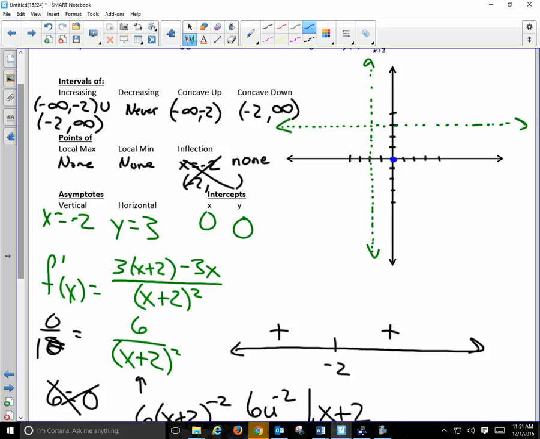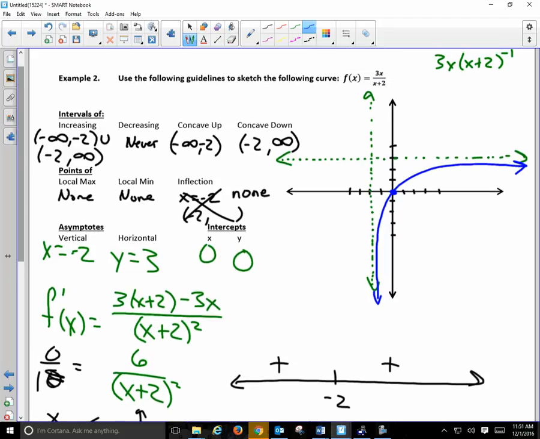I have x and y intercept at the origin. So I know it goes through there. And if it's always increasing, is it going to be over on this left-hand side? Is it going to be in the top or the bottom if it's always increasing? It's going to be in the top.